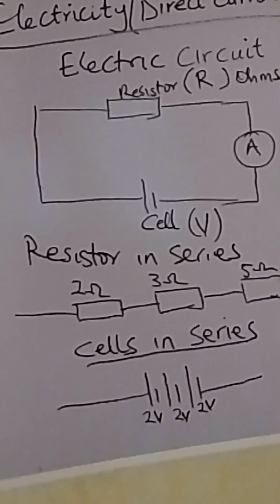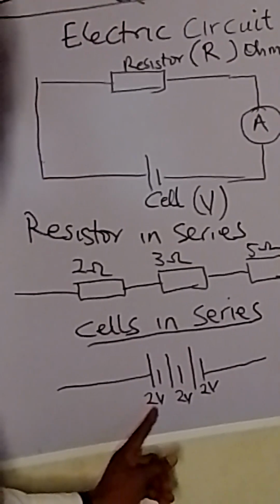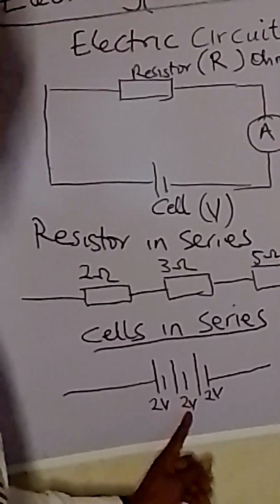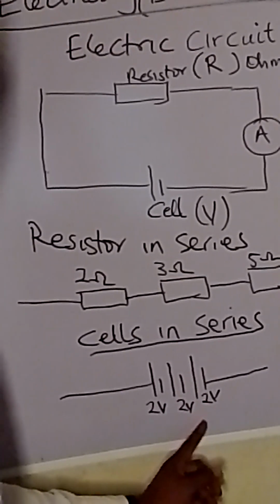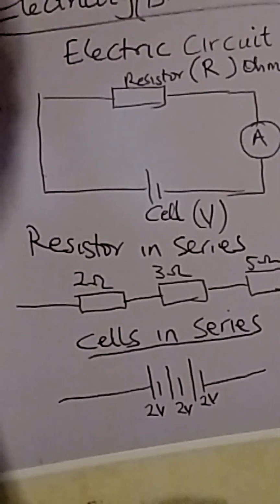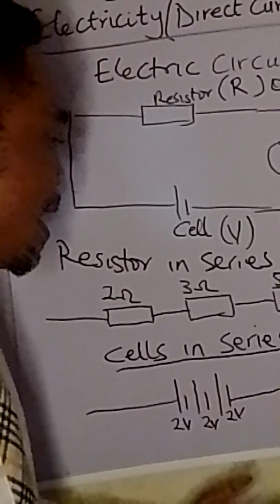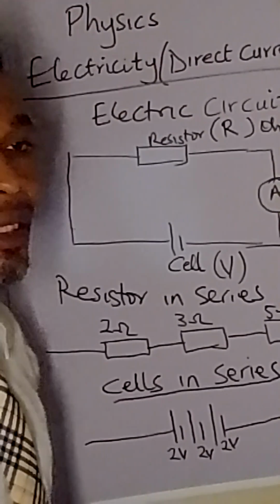For example, I'm using 2-volt cell. Like I have explained, you cannot have 2 volts here and 3 volts here and 5 volts here. No. Because these are cells. They must be of the same magnitude. So you have 2 volts, 2 volts, 2 volts. They are connected in series.